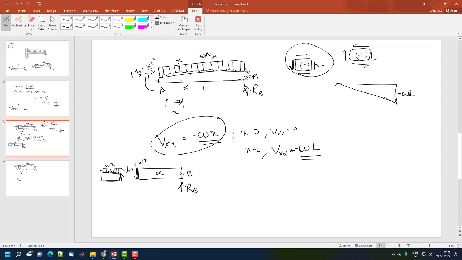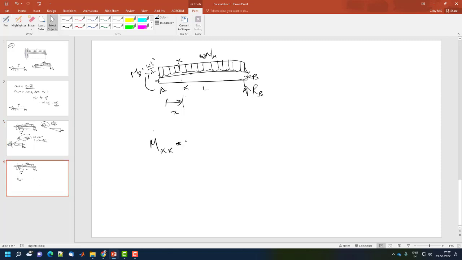This is A, and this was XX. We took the left, that's why we got this particular minus WX. Even if you consider the right side, you will get a similar result. Nothing to worry.